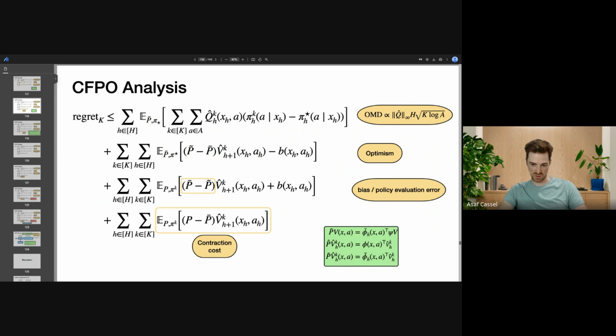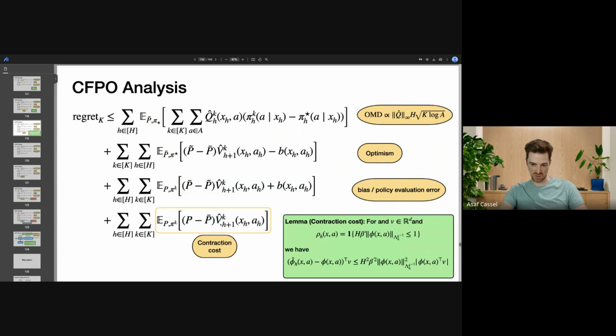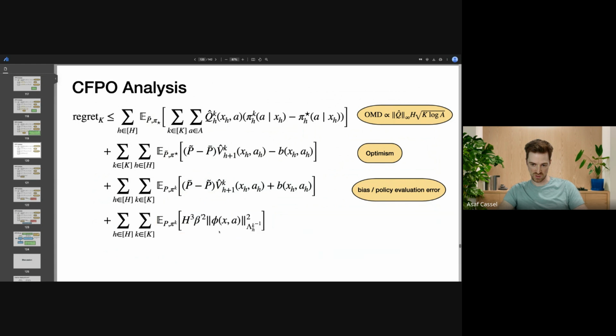Then this term is, again, the equivalent of the conditioning on the good states. And this term is exactly what we showed from the previous lemma. It's the difference between the true and contracted MDP, just these features measured on a value function. And so we can bound it with the square elliptical potential. And using standard arguments, you can show that this is logarithmic in K and polynomial in H and D.